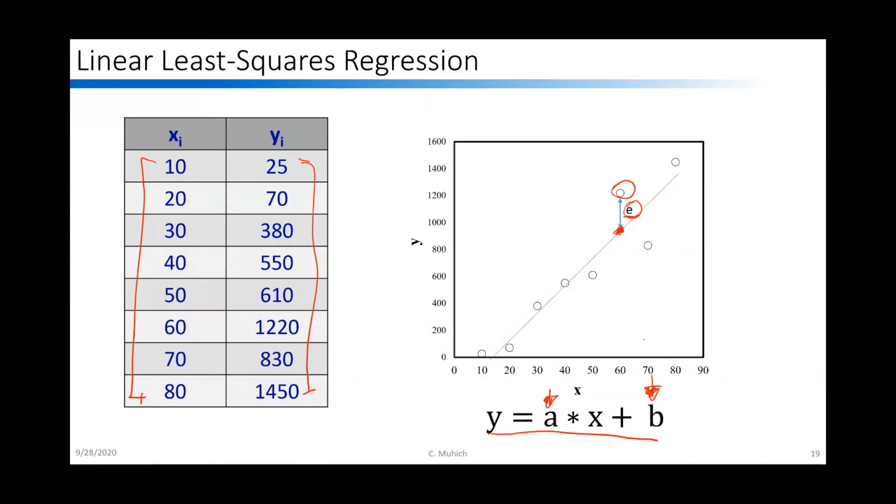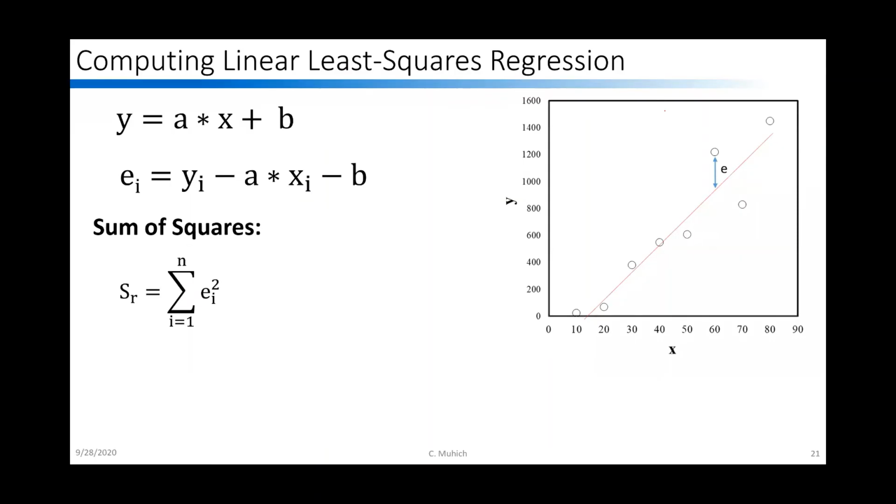If I just look at E, I can end up having data that cancels. Maybe this error is positive, this error is negative. If I look at each error individually, or at the total errors summed together, these two may end up canceling each other out. So we want to look at the square of that error. By squaring that error, we're removing any issues that might come from some error being positive and some error being negative.